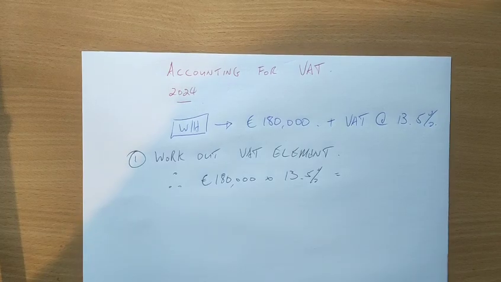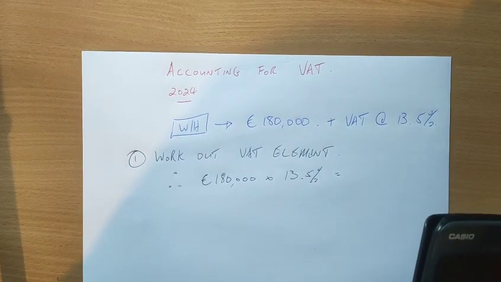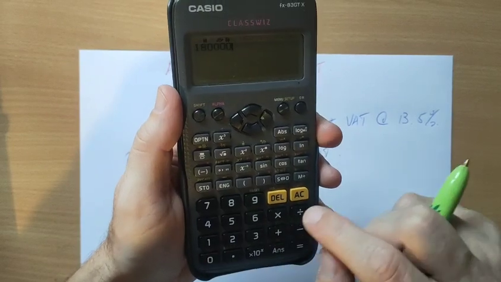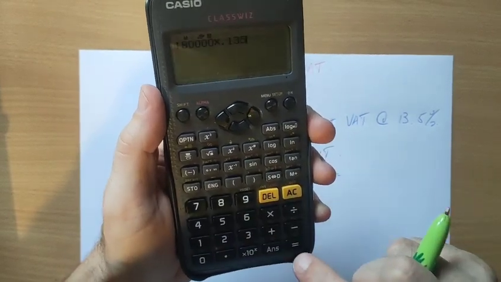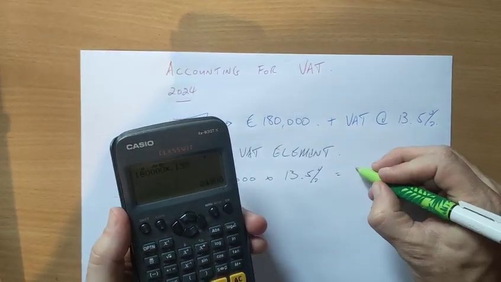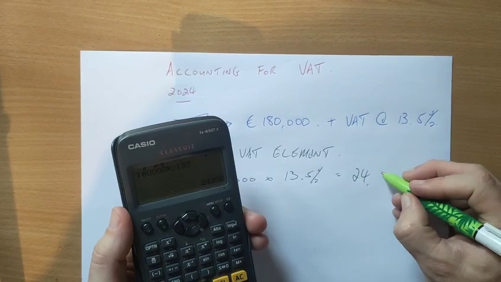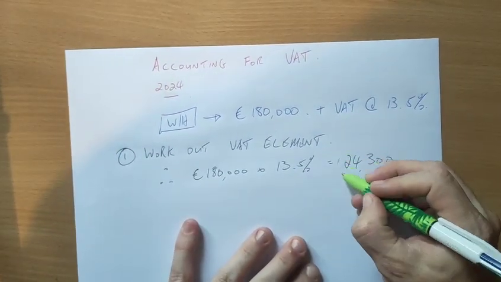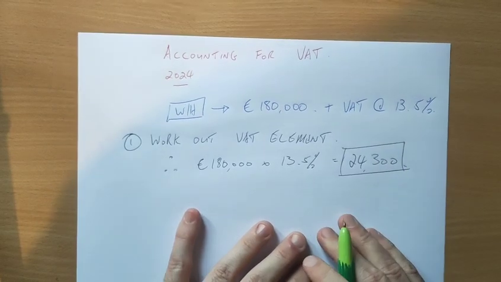Let's do it nice and quickly here: 180,000 by 0.135. So you'll end up with a VAT of 24,300. Now that's your VAT element there.